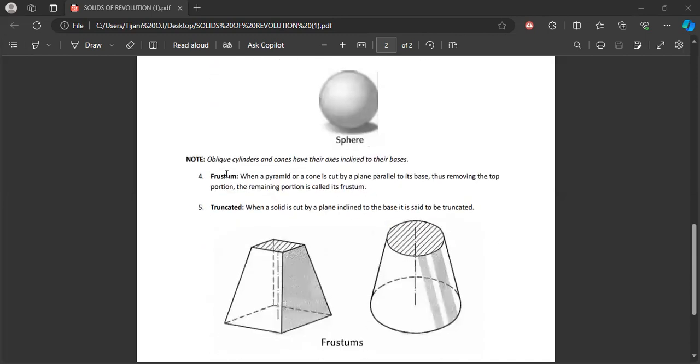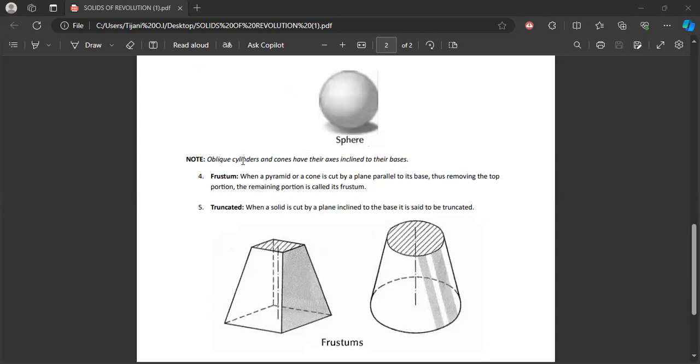Then I said, note here, oblique cylinders and cones have the axis inclined to their bases. I said that even under polyhedra, when I talked about the oblique prism and also the right prism.